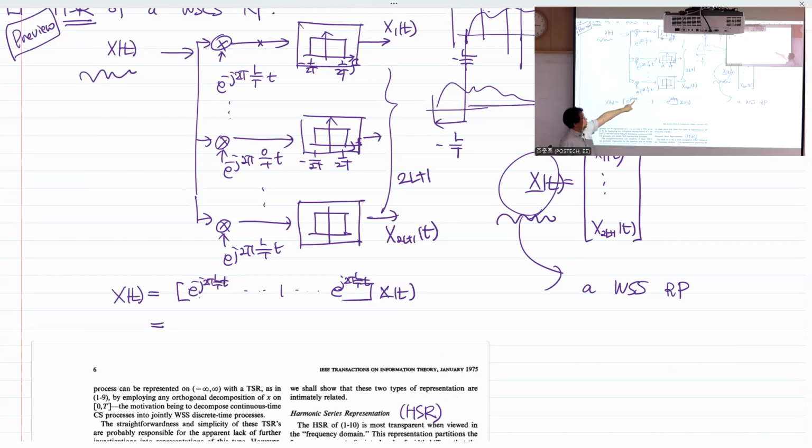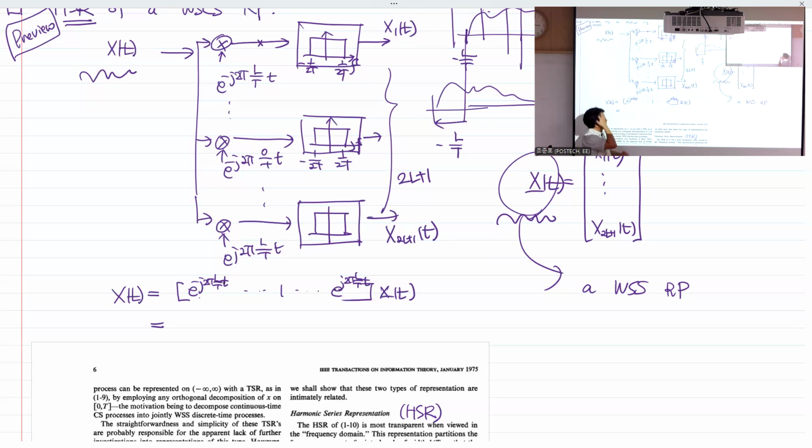When we choose that capital T. Okay. If the bandwidth is some 5 kilohertz, then what can you say? It is band limited to 1 over 2T equals 5 kilohertz. Then you choose capital T based on that. Got it?